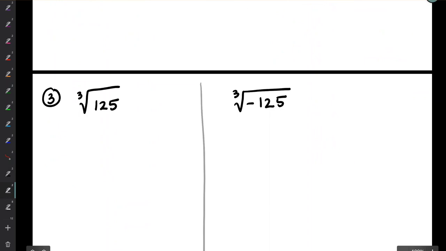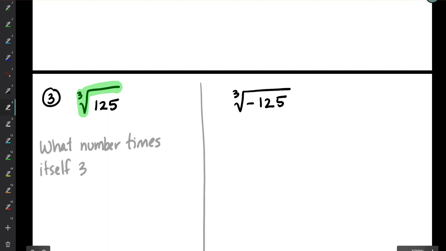So this is asking me a question. That part is saying what number cubed, or what number times itself 3 times is the number that they're showing you right here, 125.